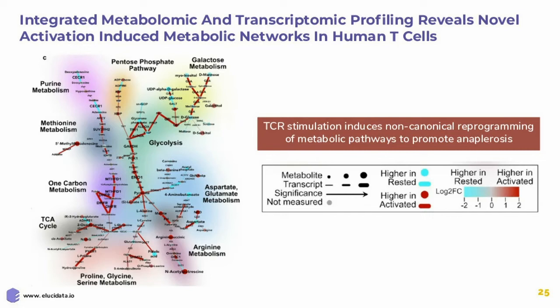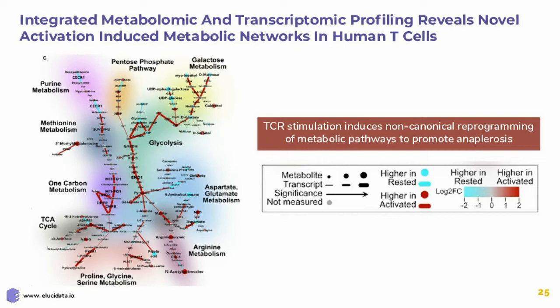The thickness of the line basically talks about the magnitude of how significant that change is across multiple different donors. And essentially in this plot, red denotes genes and metabolites that were upregulated upon activation, whereas blue is those that are either high in resting T cells or for that matter down-regulated upon T cell activation.